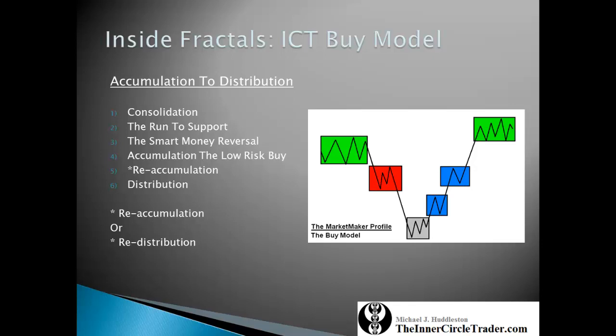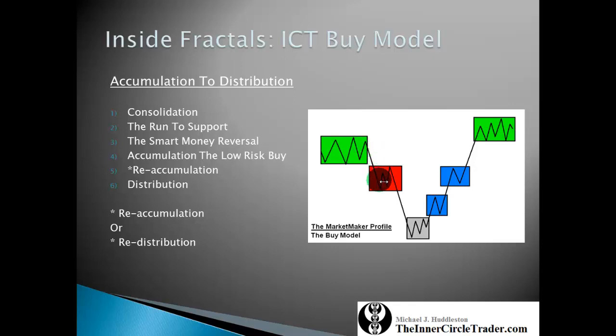So let's talk about specifically what is an ICT buy model. The first stage, when we're looking at this very abstract design, beginning on the left side of the overall pattern or model, is the initial consolidation. And this consolidation in the first green box on the left side is the building blocks of the initial drop lower.